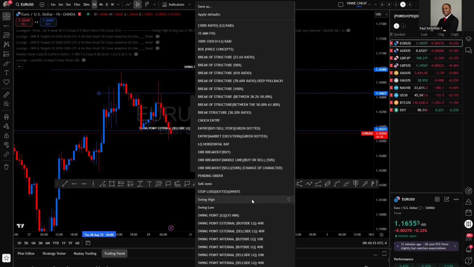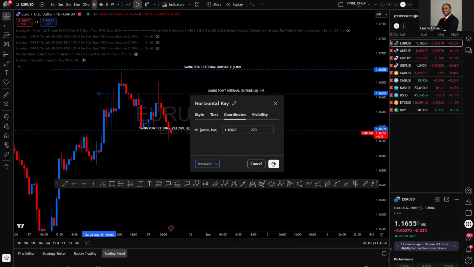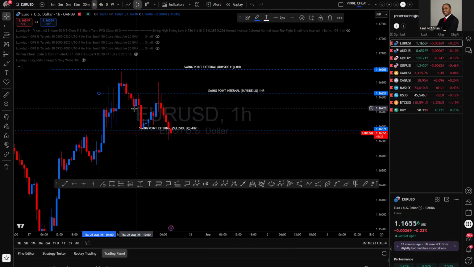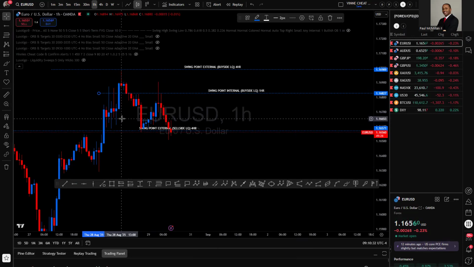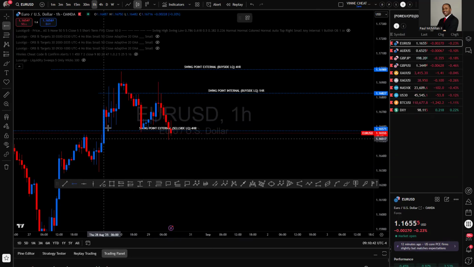This is the 1 hour. And then we had price wipe out this previous swing here. We can say that there's actually liquidity right now in this area here. Price actually wiped it out here, so we just mark it up right here.